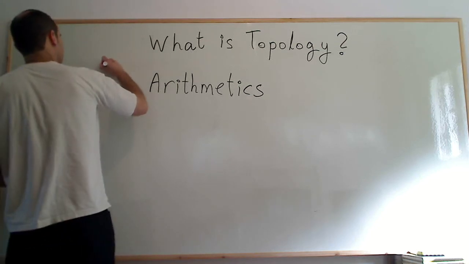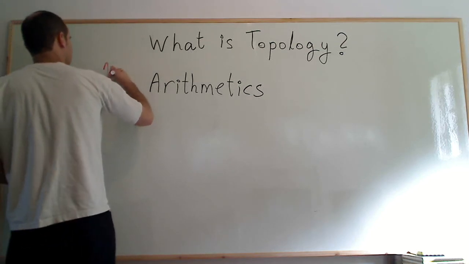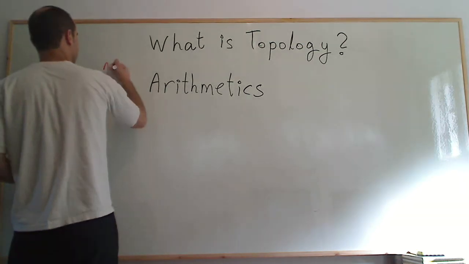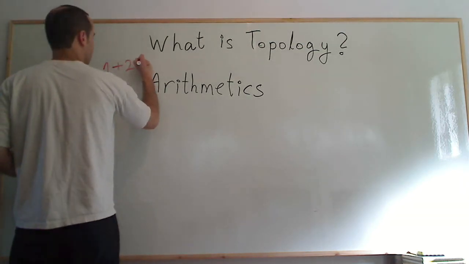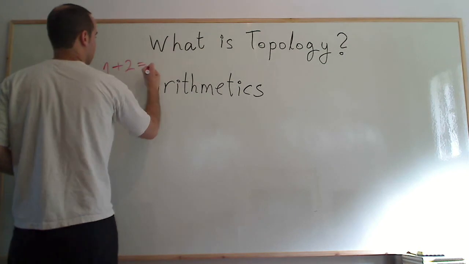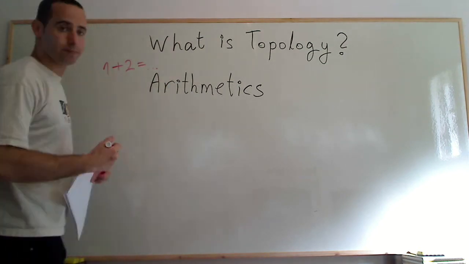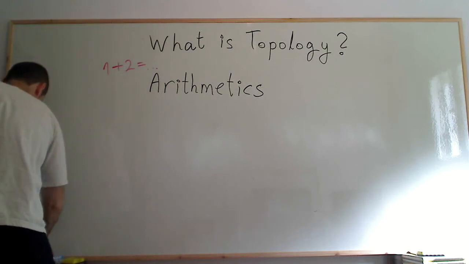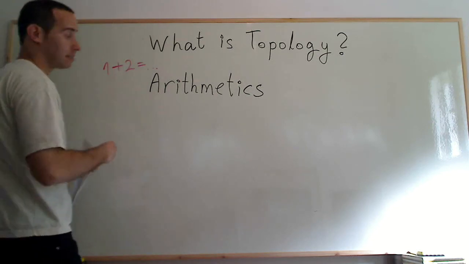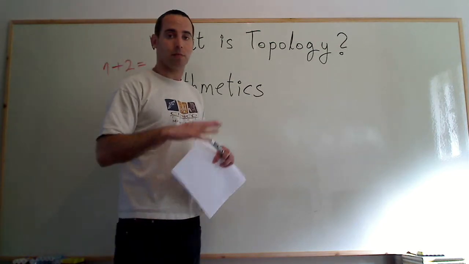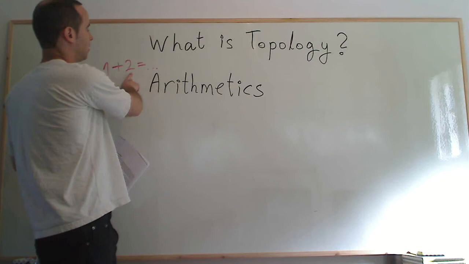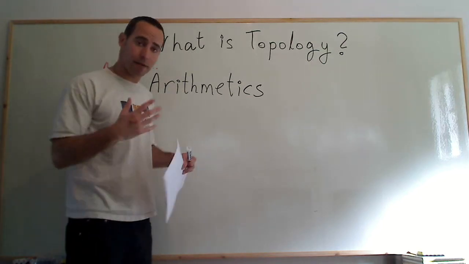So it's like 1 plus 1 equals 2, and so on. If we make a generalization, we don't just want 1 and 2, maybe we want 2 and 3, or some other numbers.